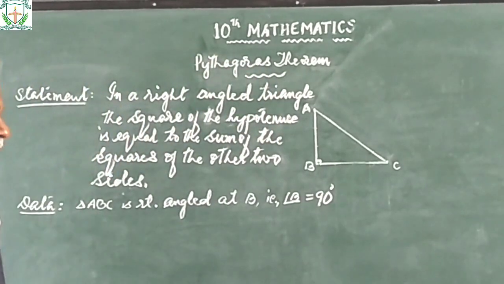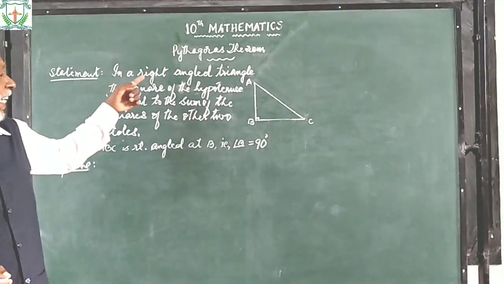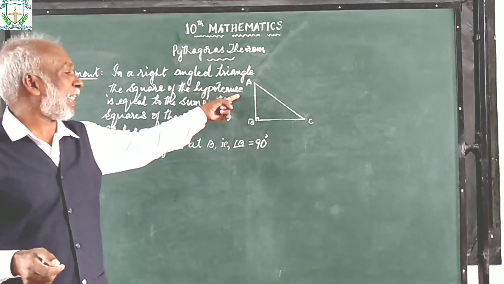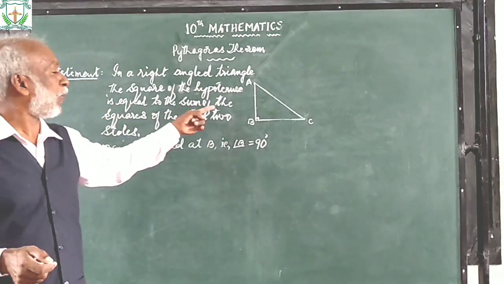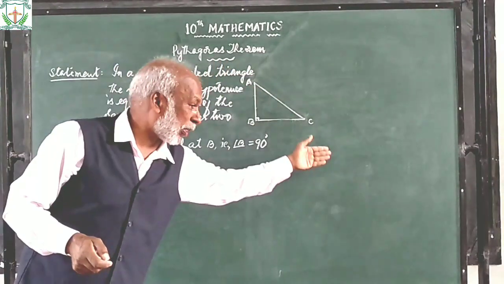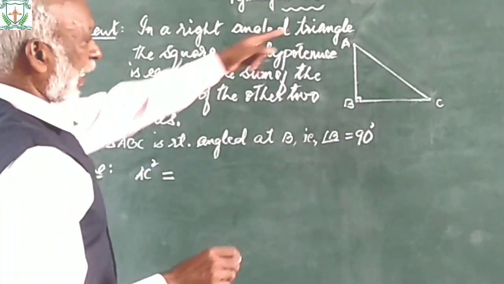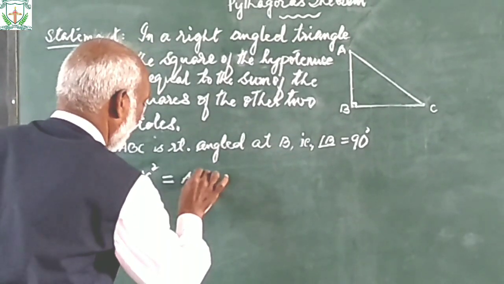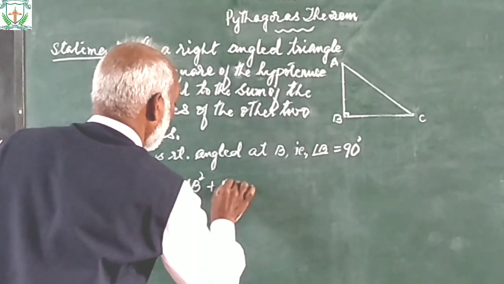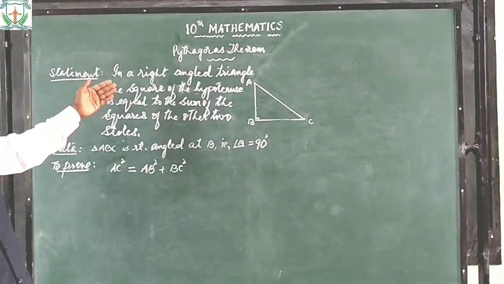That's all given. What to prove? Square of the hypotenuse, that is AC square, is equal to the sum of the squares, AB square plus BC square. This is what you have to prove.